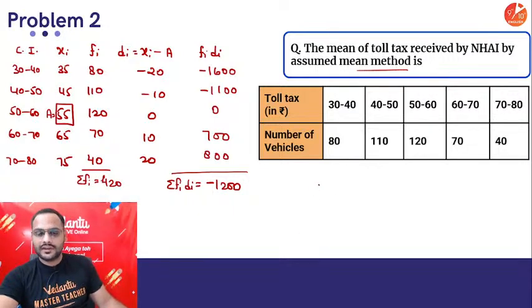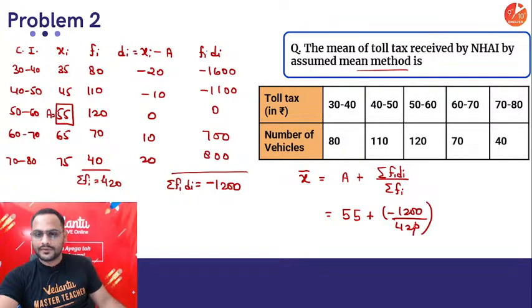Alright, so I will say now that the mean, x bar, is equal to the assumed mean, whatever we have assumed, plus the sum of fidi divided by the summation of fi. The assumed mean was 55 and here we have minus 1200 upon 420. This and this got cancelled, and it is nearly equal to minus 2.9, because if it would have been 40 and 120 it would be exactly minus 3, just less than minus 3.